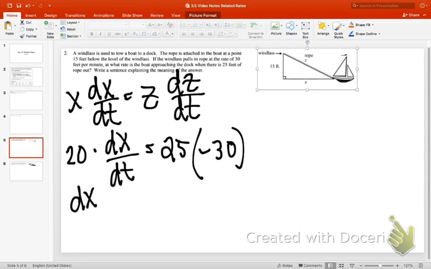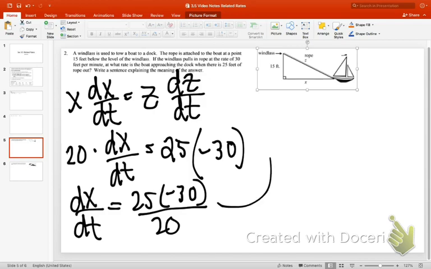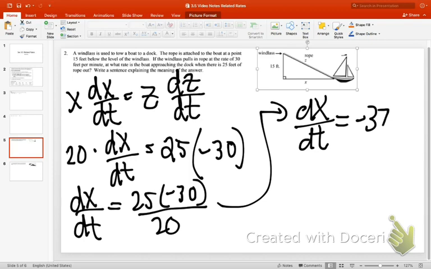So dx/dt equals, we'll divide that 20 off, 25 times negative 30 divided by 20. So dx/dt is equal to negative 37.5 feet per minute. Just checking to make sure I'm matching the units that were given.